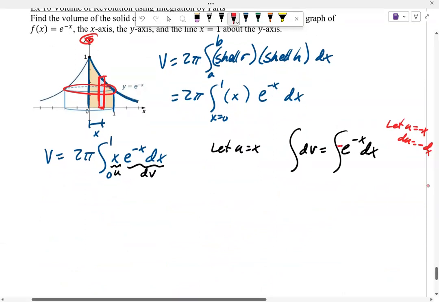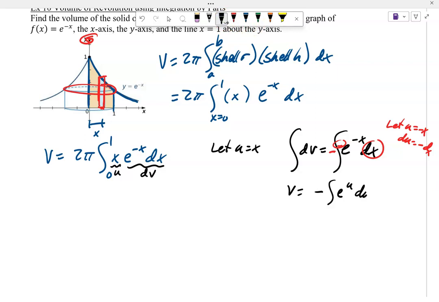So I need a negative dx, which means I have to offset it. So my v is negative the integral of e to the u du. So negative, then I integrate e to the u, which is e to the u. So there's our v. So v is negative 1 over e to the x. Over here, I take the derivative, du is 1 dx.